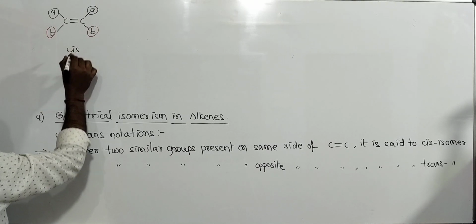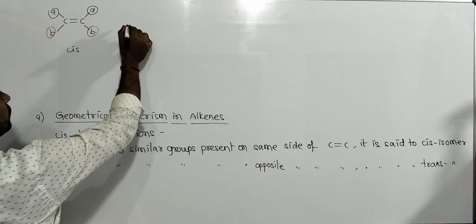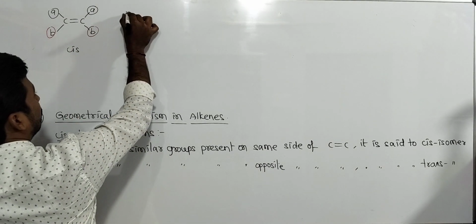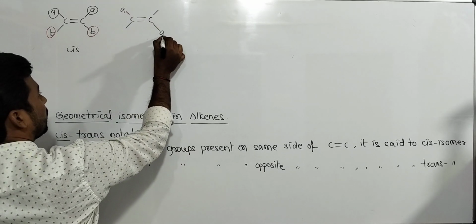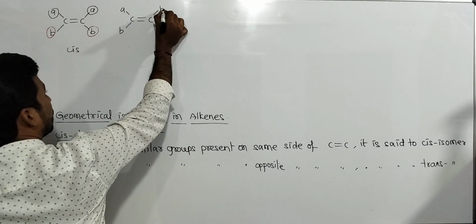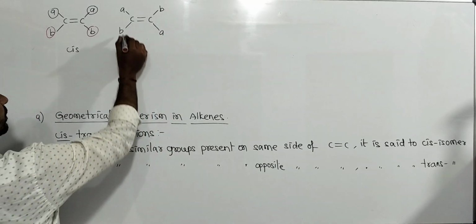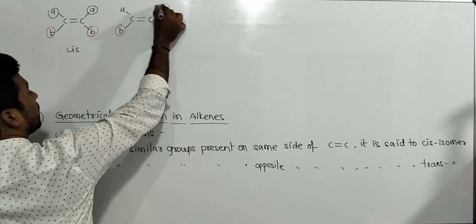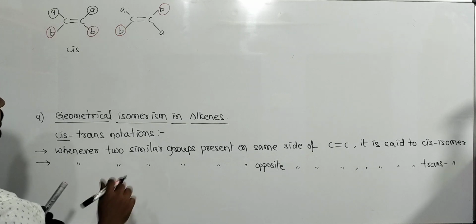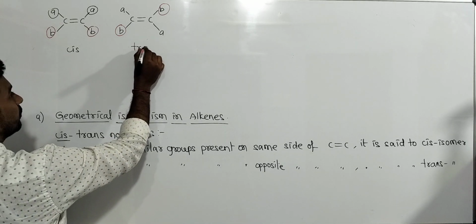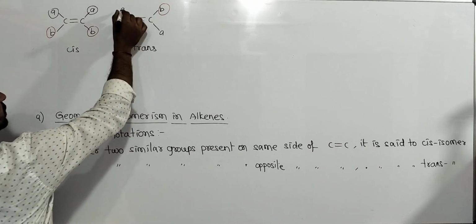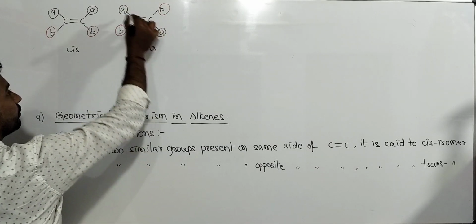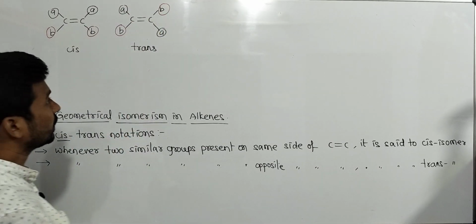This is cis. If it is A, B, B, A, here similar groups are present on the opposite side of the carbon-carbon double bond system. We call it trans isomer. With respect to A also, A is a similar group, trans isomer.